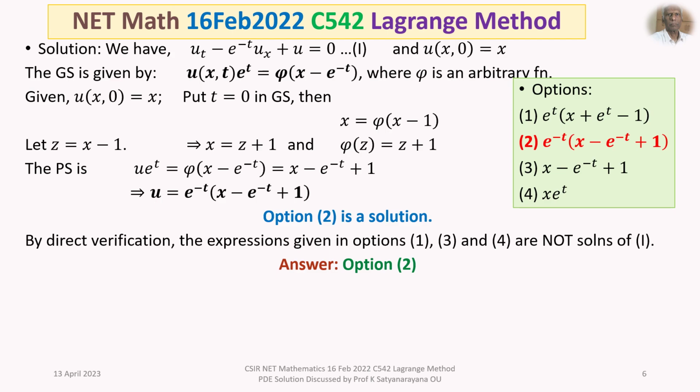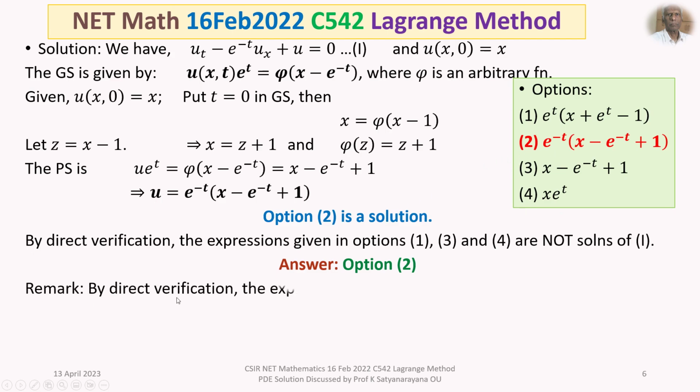Therefore, our answer to this question is option 2. And we will make a remark, by the by. You need not do the entire process of executing Lagrange's method of solving partial differential equations. Anyway, you are doing direct verification. You do it for 2 also, and it will satisfy the equation. Many students do direct verification, and they find 2 is the only solution.